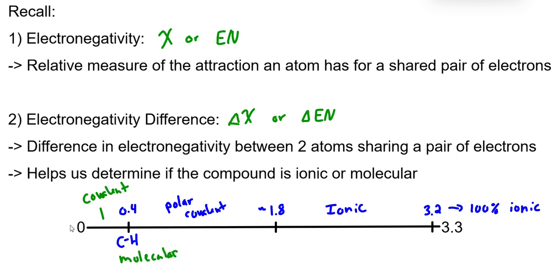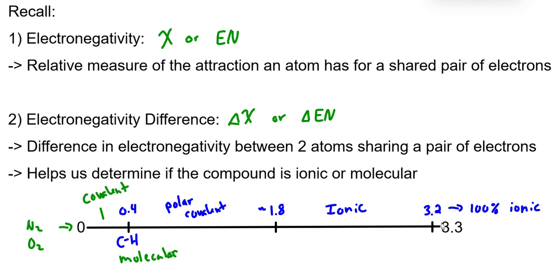And then of course to get the zero difference, we are typically going to have diatomic molecules, so things like N2 or O2 where they share perfectly well. There are some other substances that can have electronegativity differences of 0 as well, and you can explore the electronegativity chart and see which compounds might do that.